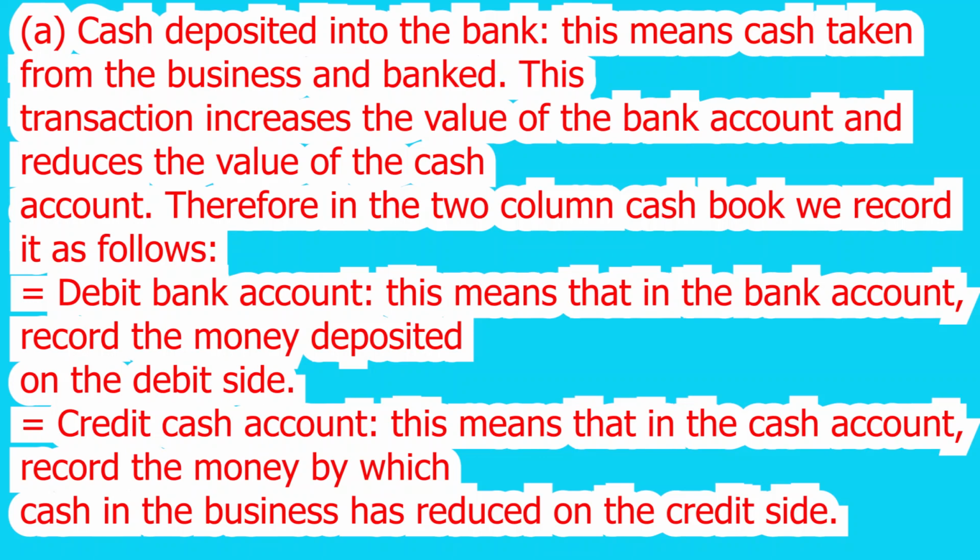Therefore, in the 2-column cash book, we record it as follows. Debit bank account. This means that in the bank account, record the money deposited on the debit side. Then credit cash account. This means that in the cash account, record the money by which cash in the business has reduced on the credit side.